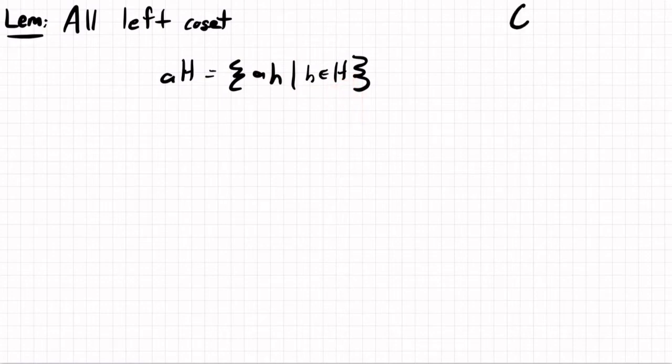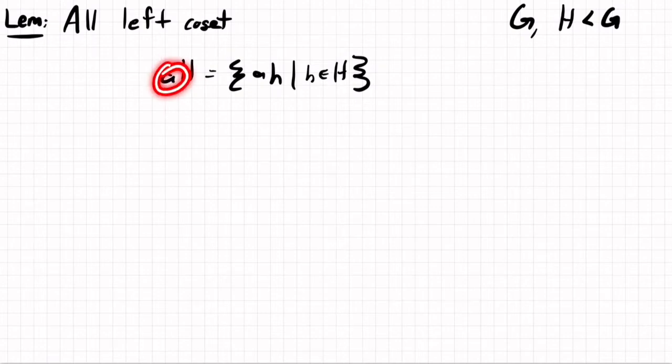So G is a group, H inside G is a subgroup, and we call this a left coset because a is being multiplied on the left here.